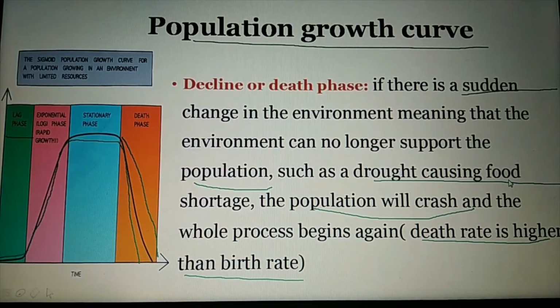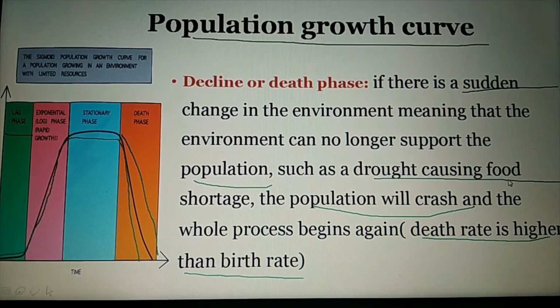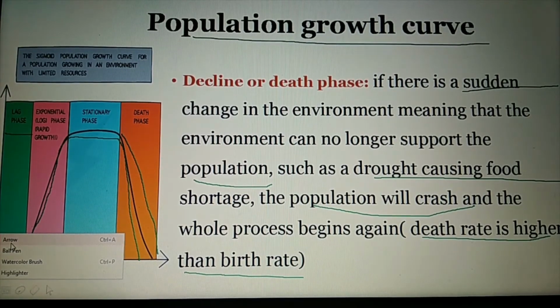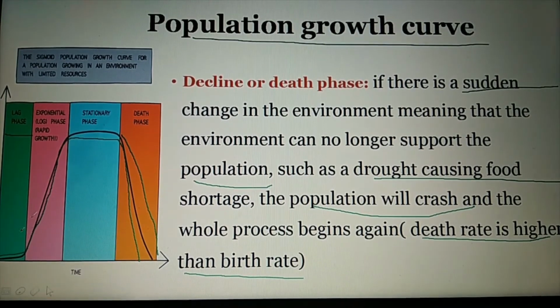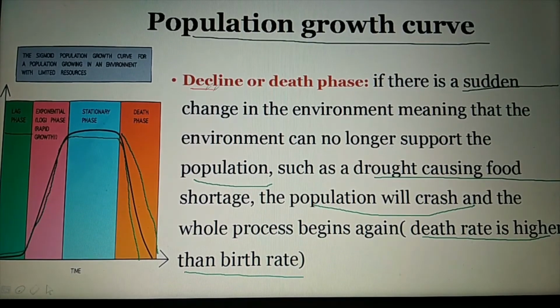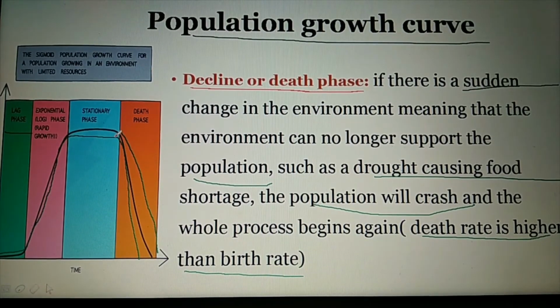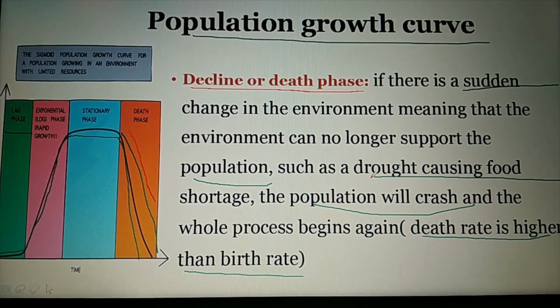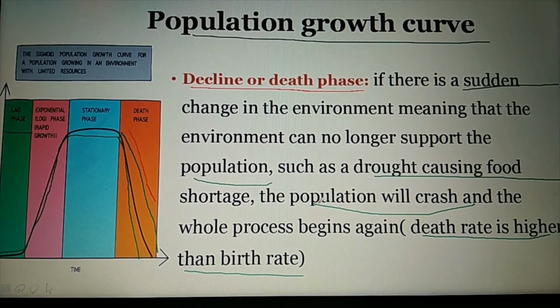Then we go to the last phase of the population growth curve, which is the death or the decline phase. So the name already explains what happened. Decline means goes down. If there is a sudden change in the environment, meaning that the environment can no longer support the population, such as maybe drought causing food shortage, the population will then crash.